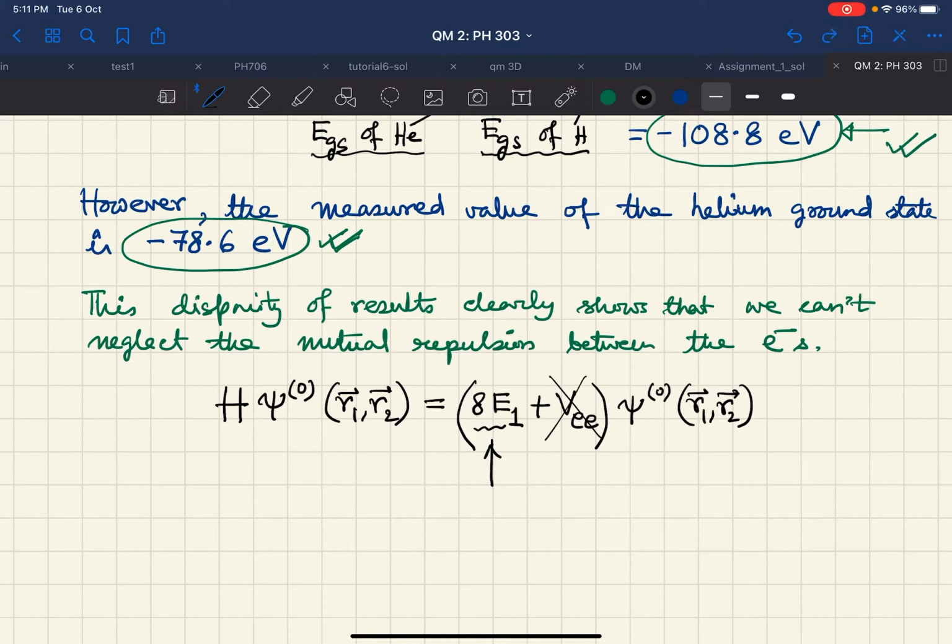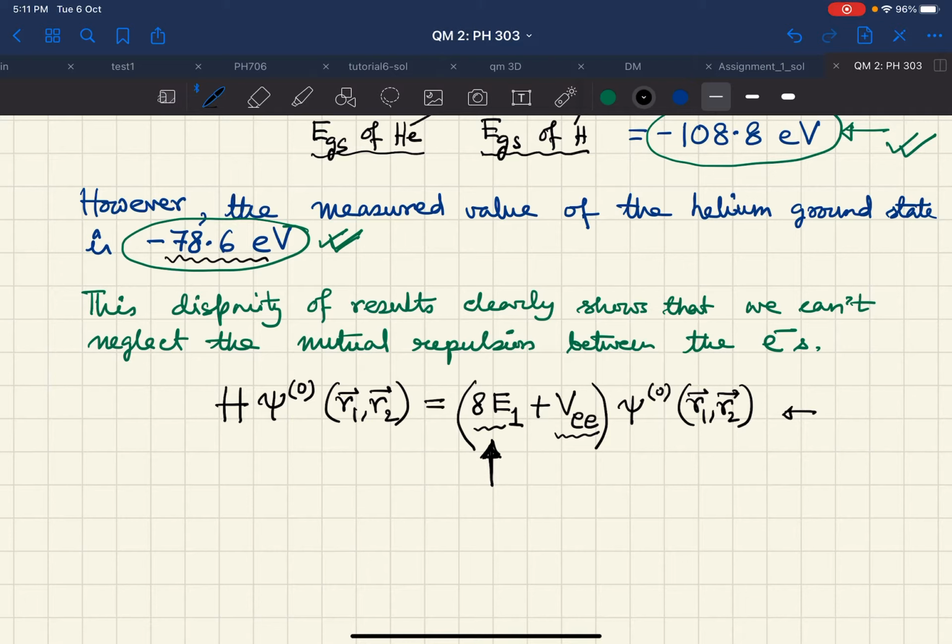But now we said that we cannot neglect this electron-electron repulsion term because this 8 times E1 is basically too much further away from the experimentally measured value of the helium ground state. So, we want to write down the Hamiltonian equation or the eigenvalue equation in this form that I have written here.